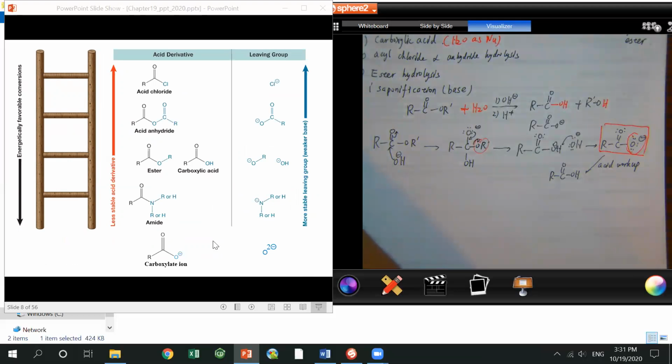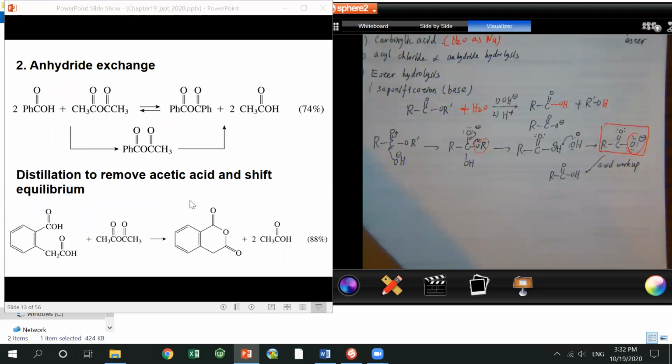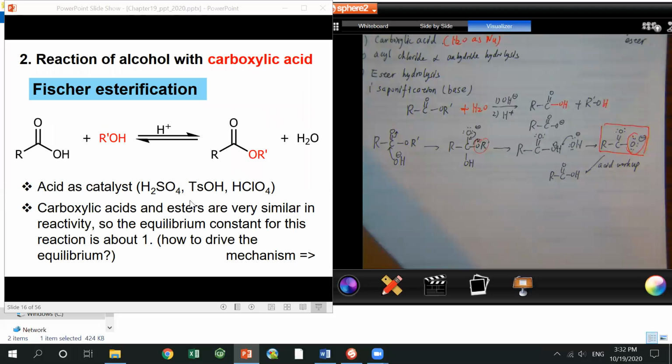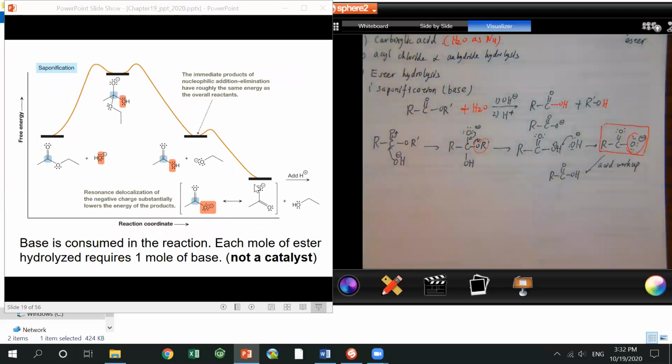So you can prepare the most stable product from a relatively unstable starting material, and the whole reaction is also irreversible. Here's the explanation from the energy diagram.